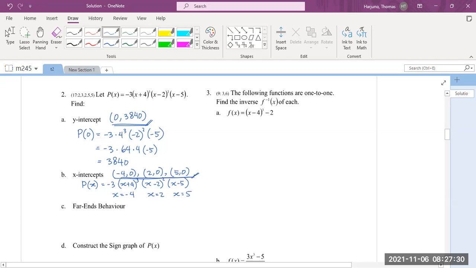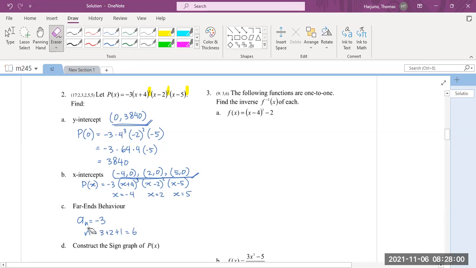How about the far-end behavior? The leading coefficient is negative 3, right? In fact, what is the degree here? This is degree 3, degree 2, degree invisible 1, so n equals 3 plus 2 plus 1, that equals 6.